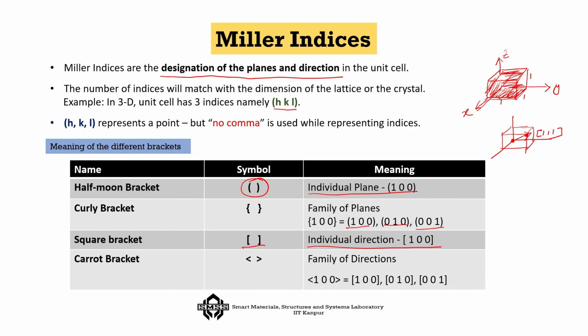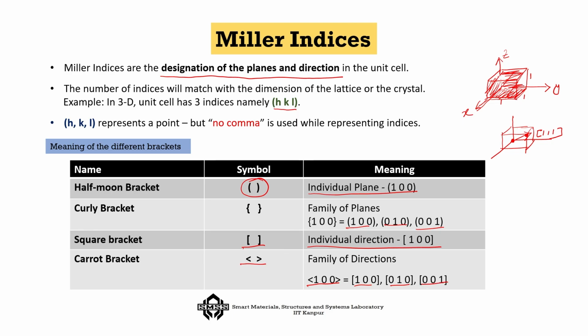And then if you use a caret bracket, then that will mean a family of directions. So, I repeat, curly bracket is family of planes, caret bracket is family of directions. So, if it is a caret bracket of 1 0 0, then it will be 1 0 0, 0 1 0, 0 0 1, all of them together.